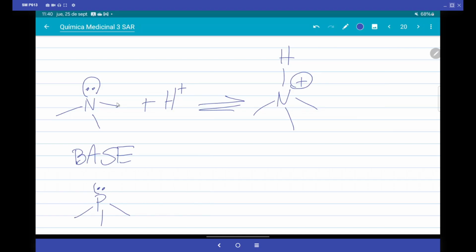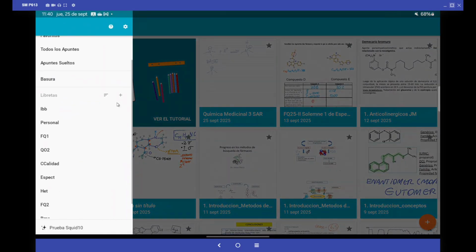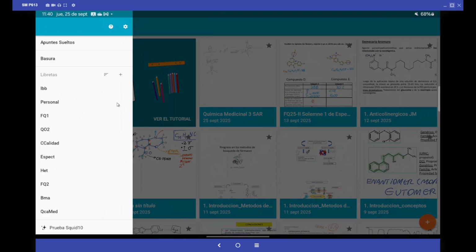The truth is that there are very few drugs with phosphorus. Phosphorus is toxic, and apart from that, phosphorus is not protonated, except in very rare organic bases. Look, I am going to show it here, because it is a very interesting organic base.